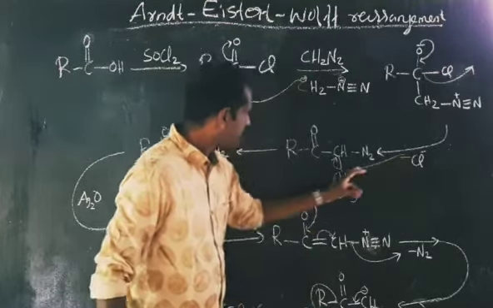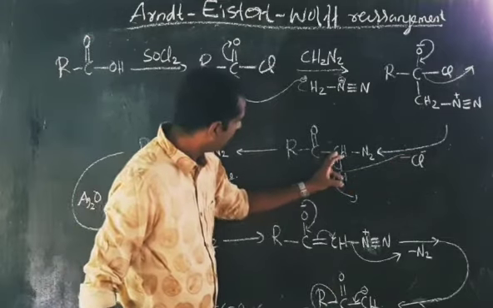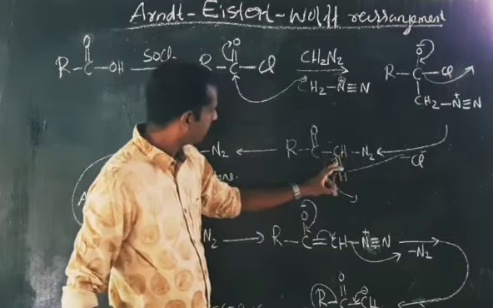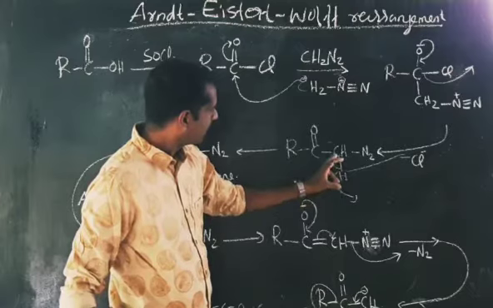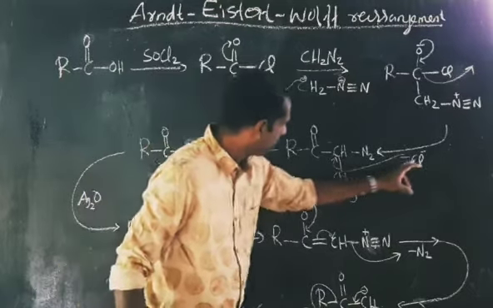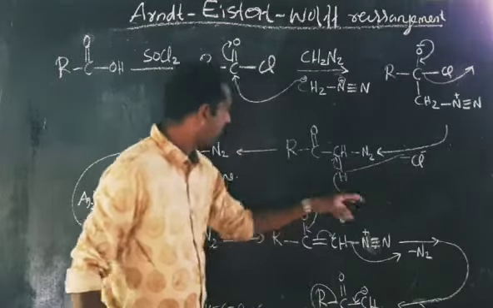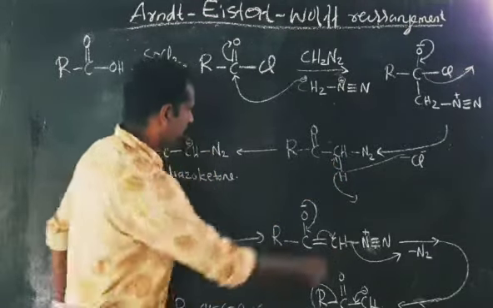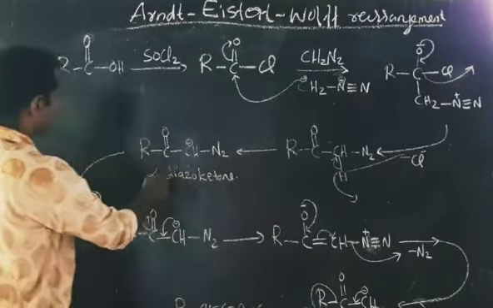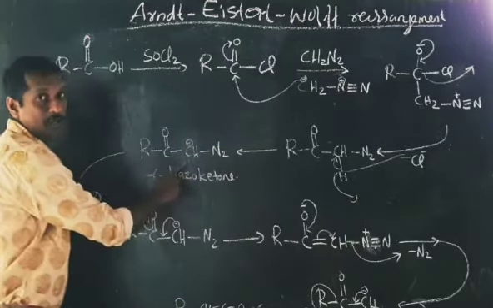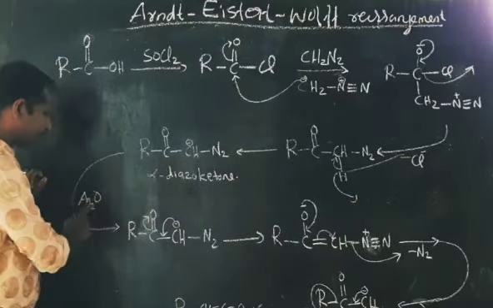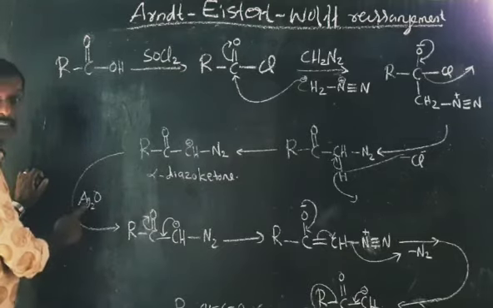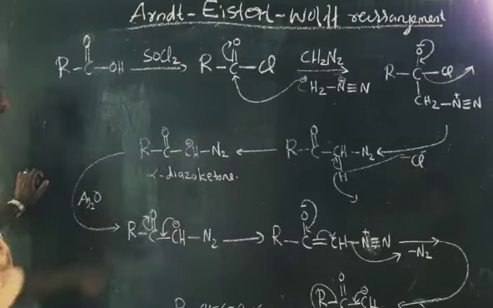The Cl minus takes a proton from the alpha carbon, because this hydrogen is highly acidic, and we get the diazoketone.